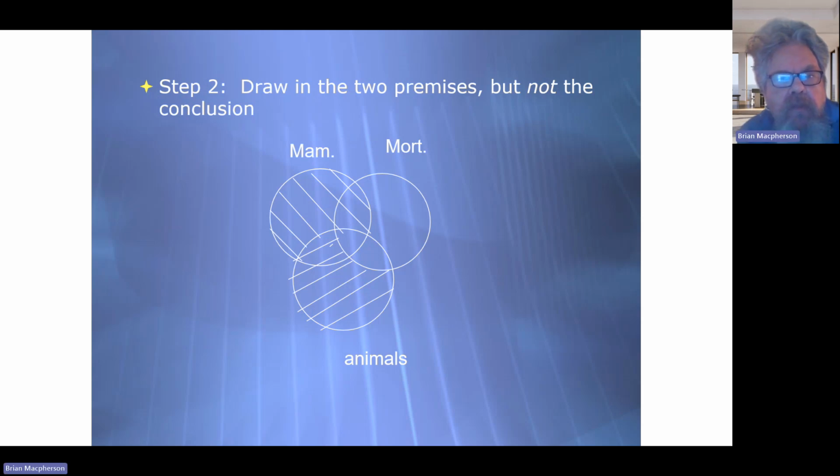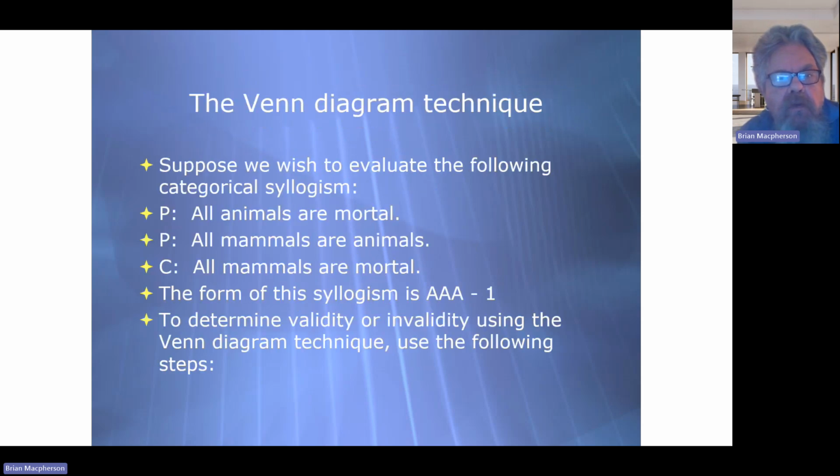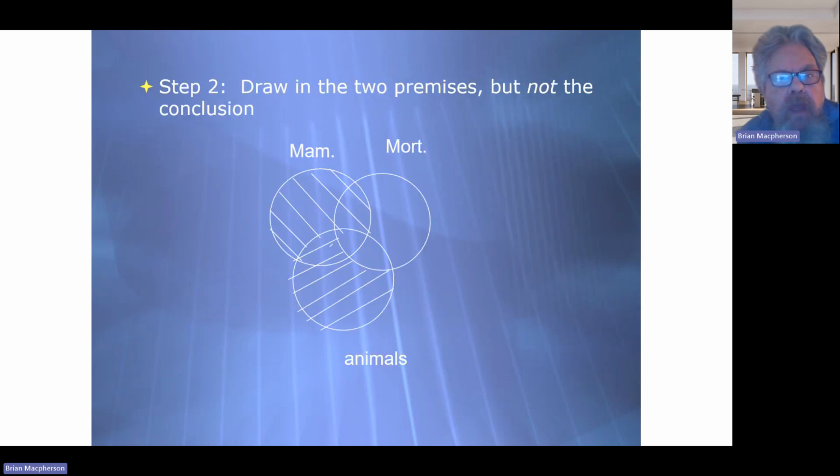And so that says that all animals are mortal. The other premise was all mammals are animals. So for that premise, I shade everything in mammals that doesn't intersect with animals. All that leaves is that little tiny area in the middle. When you shade something in, that means nothing can be in that area.